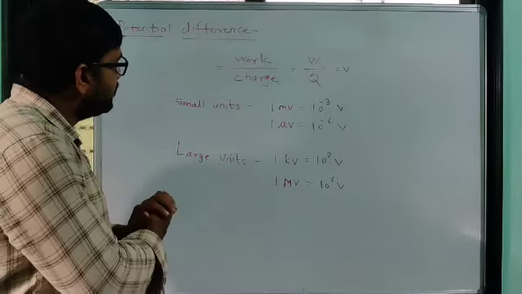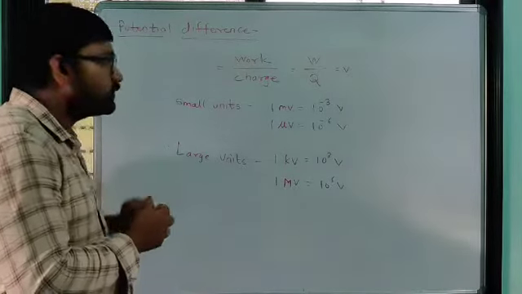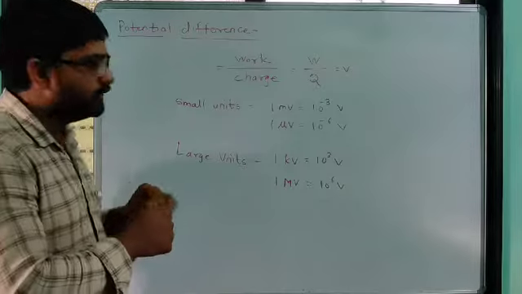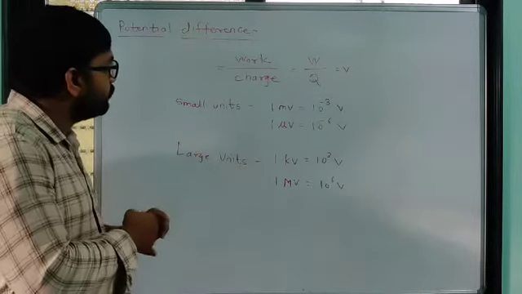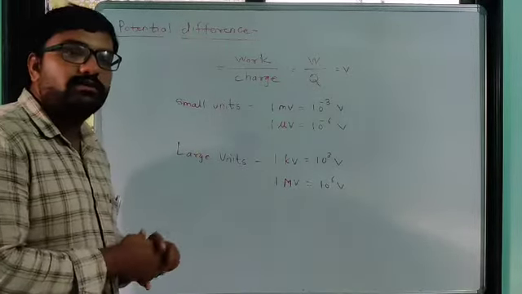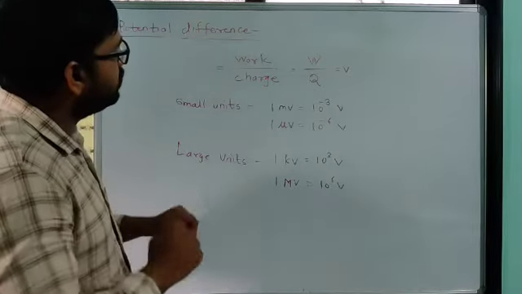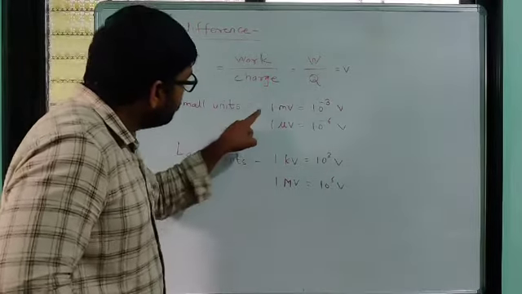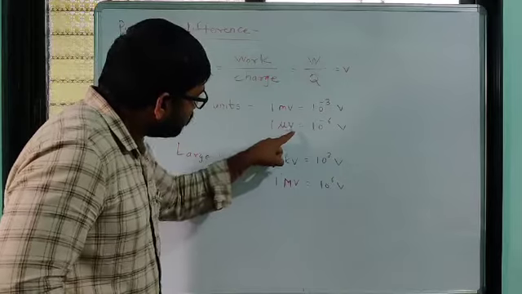There are two kinds of units generally used to measure potential difference. Some small units and some large units. In small units, we have millivolt and microvolt.